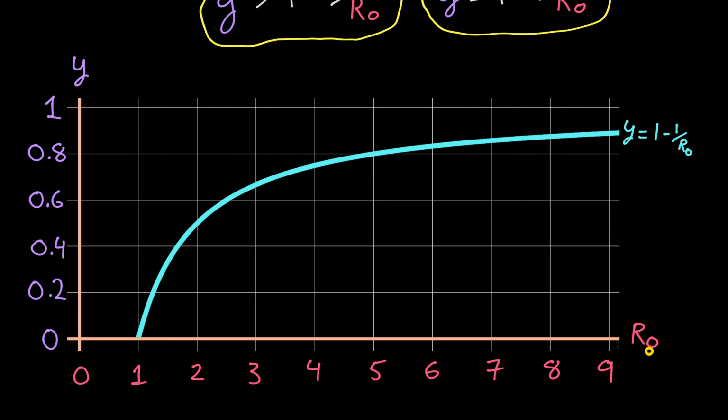So R naught is also influenced by the characteristics of the population, and R naught for any given disease will not necessarily be the same in every population around the world. R naught could be different, for instance, in the US than it is in Sweden, and it could be different in Sweden than it is in India. So this is not a fixed number.